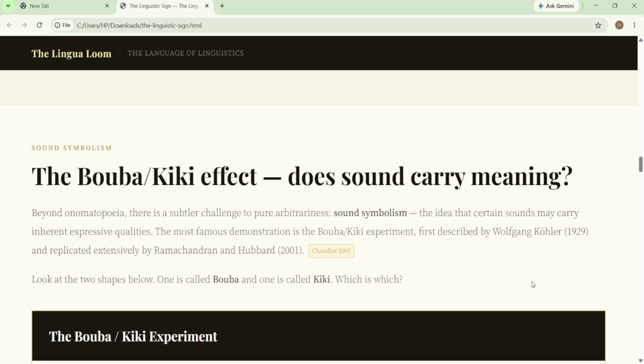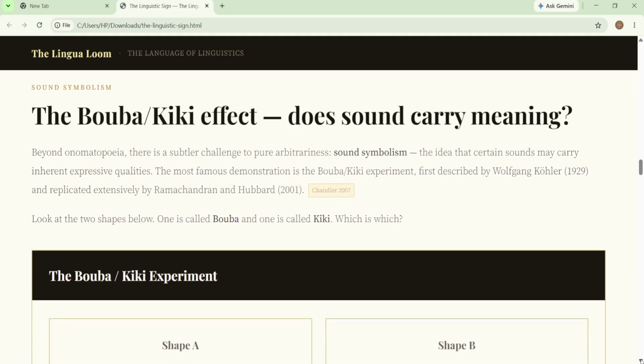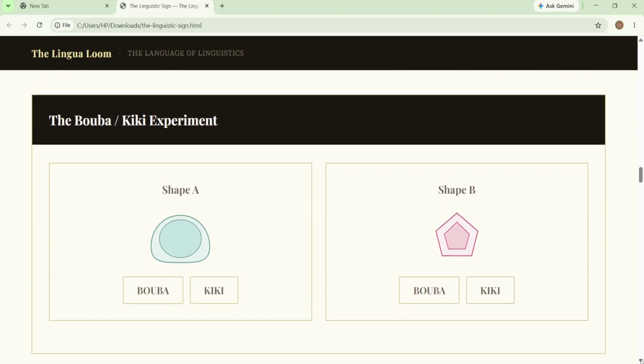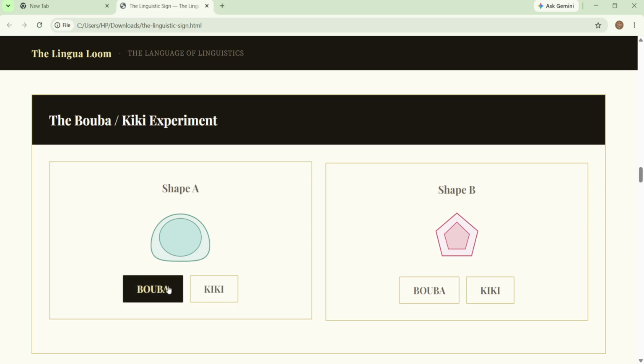The most famous demonstration is the bouba or kiki experiment, first described by Wolfgang Köhler in 1929 and replicated extensively by Ramachandran and Hubbard in 2001. Look at these shapes. One is called bouba, another is called kiki. Which is which? So this is the experiment. These are the shapes. One is called bouba.